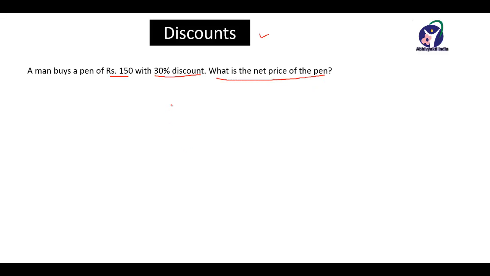We take 30% of 150, and that is equal to rupees 45, and then we subtract it from the price, that is 150 minus 45, and so that is equal to 105. So the net price of the pen is rupees 105.